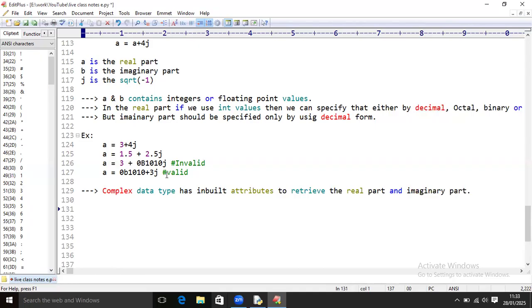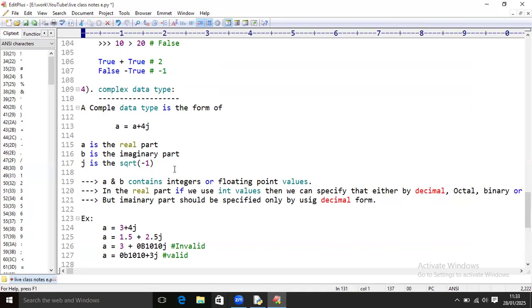So a complex data type has inbuilt attributes to retrieve what is the real part and what is the imaginary part. Of course, we have specified it above. Here 3 is the real part and 4 is the imaginary part, and j is the square root of minus one.